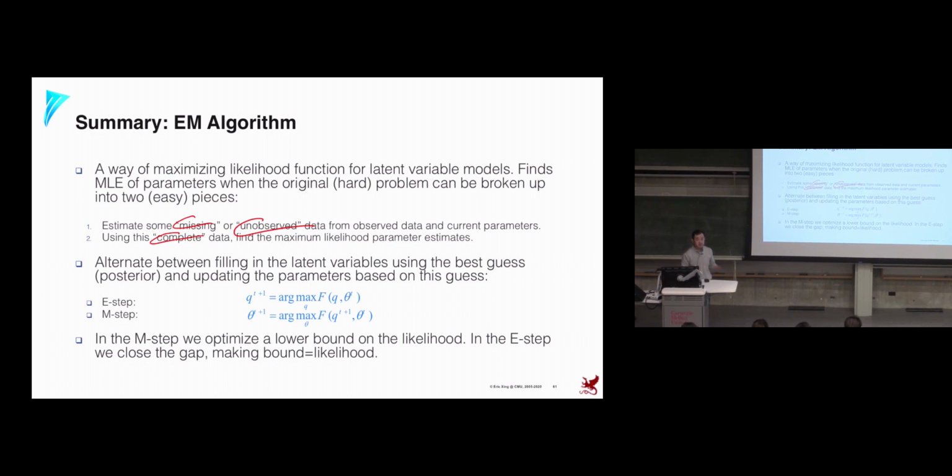Anything that is missing, you will just plug in with the expectation of the sufficient statistic. And where to get that? Well, you need to use the inference techniques from the previous class. And then you are going back to the fully observed cases, and you're going to do maximum likelihood estimation for the fully observed data, like what we did in the first half of the class.